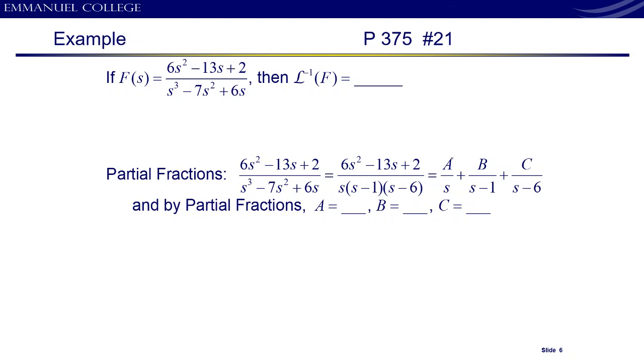So what would end up happening is we're trying to compare these coefficients of the numerator to the denominator, or we're trying to break this whole up into literally the sum of its parts.